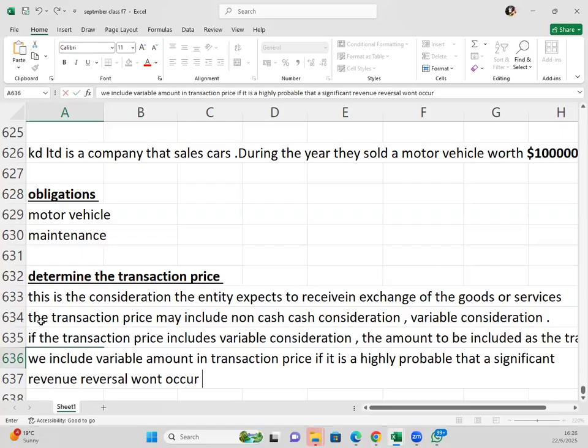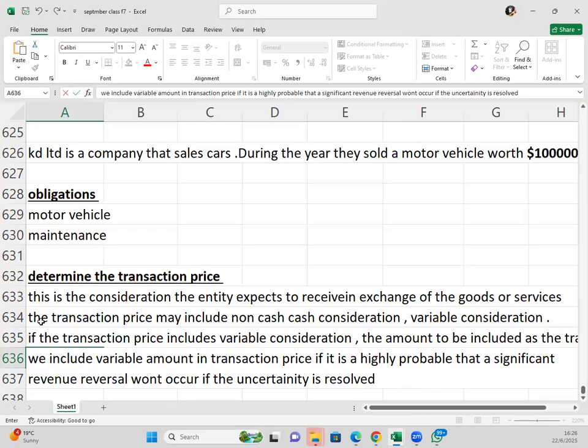So if it is highly probable that a significant revenue reversal won't occur when the uncertainty is resolved, because we are not yet sure of the amount we'll receive, just include the amount that you know there are high chances you won't need to reverse.